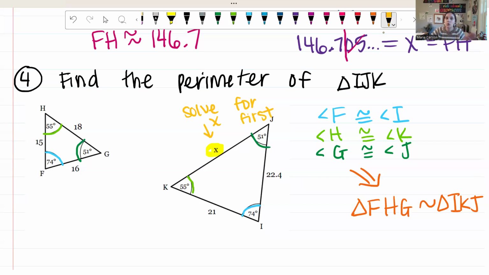The side that corresponds to this JK is the side in between the angles 55 and 51, or the side across from the angle that is 74 degrees. So if I look from the side across the angle that's 74 degrees, I know then that HG and KJ are corresponding sides.